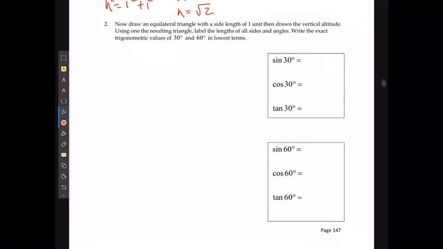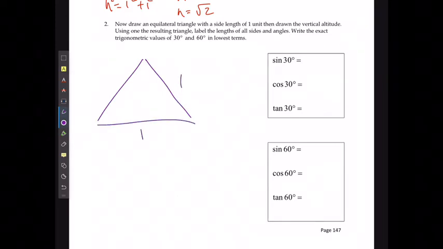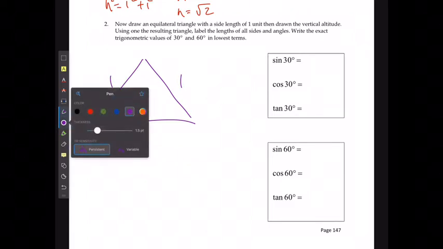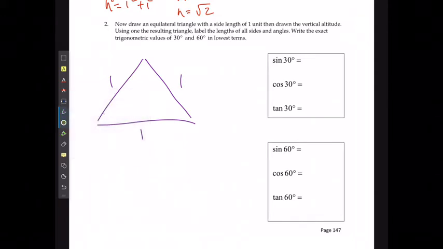Next, we're going to draw an equilateral triangle where every side is going to be 1. Then, if I know it's equilateral and all the sides are the same, that means that all the angles are going to be the same as well. They would all be 60 degrees.